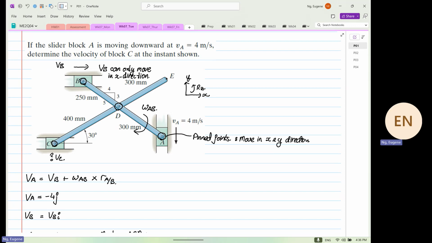This we are very sure, and this we are also very sure. VC we don't know. It can either go left or right, but to be frank, I don't know. But we can assume it's going towards the left. When it goes to the left, what will happen to the member CDE in terms of rotation? Clockwise, yes or no? So you're going to have a clockwise rotation.